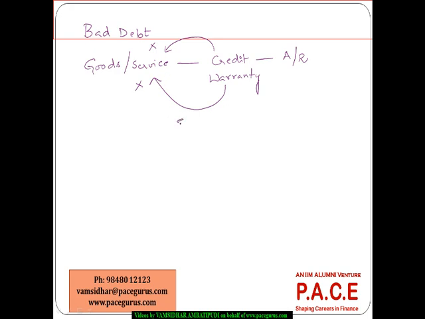So even that, because of the warranty. If I can reasonably estimate what proportion of the goods are going to come back, or what percentage of my credit sales will result in non-payment, I can very well book my bad debt expense as per the matching itself, because these are the goods that I have sold during this period.